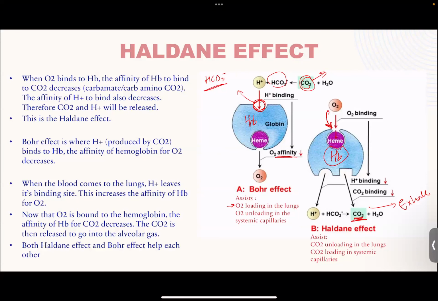Both the Haldane effect and the Bohr effect help each other. First the Bohr effect happens, and then the Haldane effect happens. The Bohr effect is O2 loading in the lungs, and the Haldane effect helps in CO2 unloading in the lungs, which is our respiration.